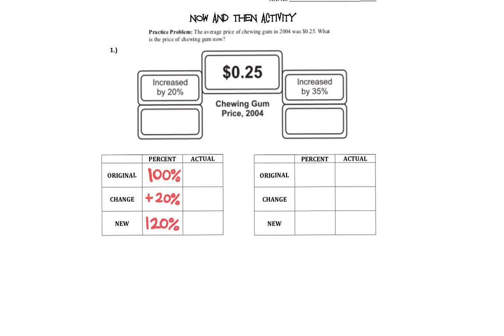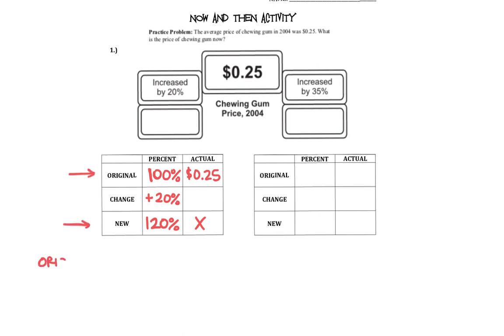Now, the original actual amount, it tells us, is 25 cents. The question is asking, what is the price of gum now? So it wants us to find what the new price is. Looking at this table, we need to choose 2 of the rows to set up the proportion. I'm going to choose the original and the new.